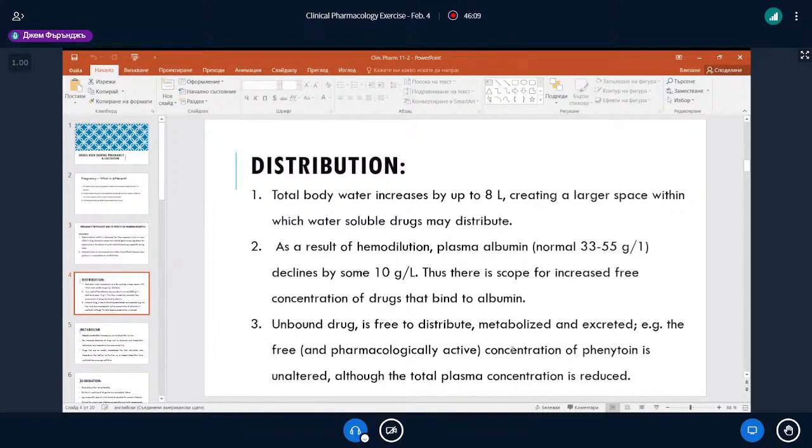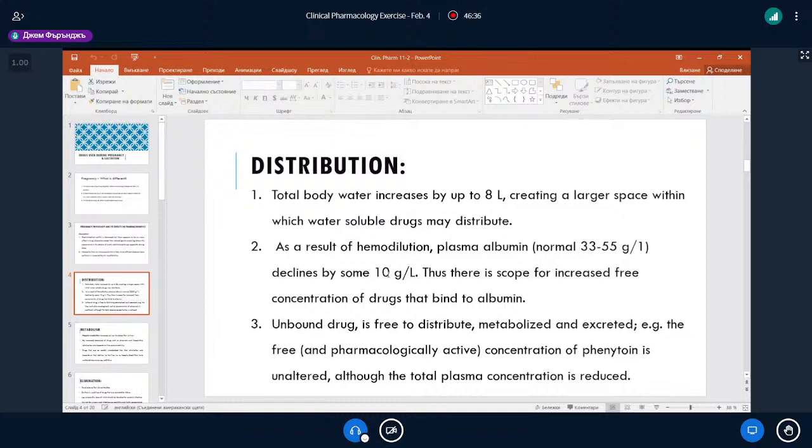When we talk about distribution of drugs during pregnancy, as you know, total body water increases up to 8 liters in pregnancy, and as a result of this we get hemodilution and also a relative decline in hemoglobin. Why is this relative?